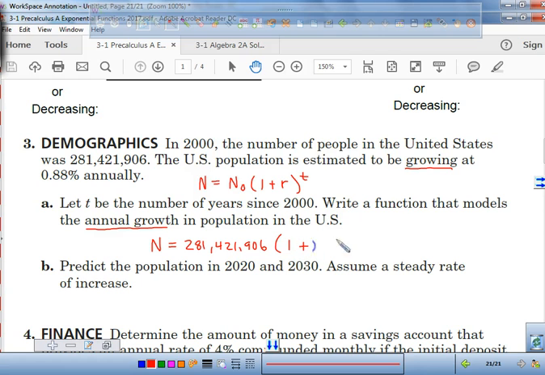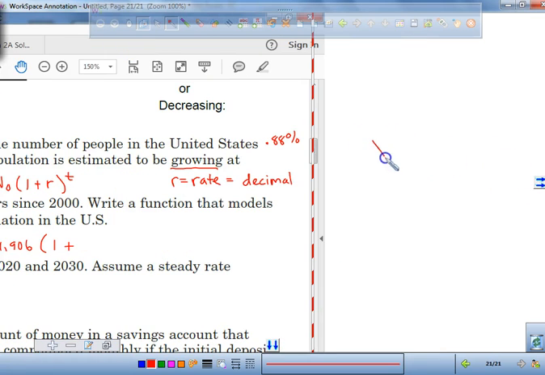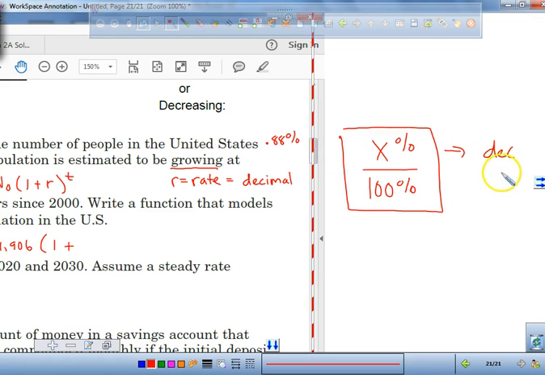1 plus, now what is our r value? R equals rate. And rate needs to be in a decimal. But they gave it as a percentage. Anytime you have a percentage and you want it to become a decimal, just divide it by 100. Or you could say, just move the decimal over 2 places.